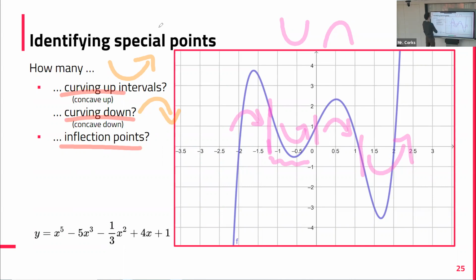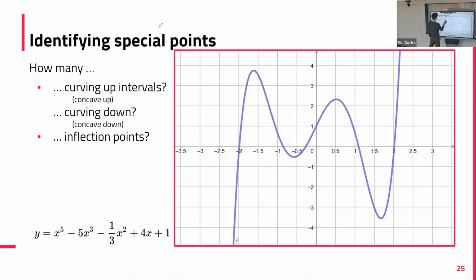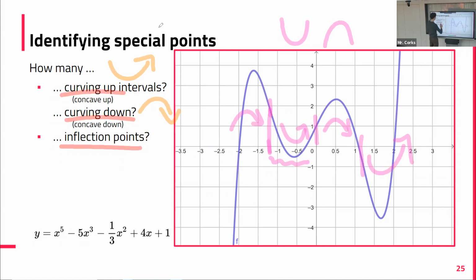All right. Based on this, how many inflection points do we see? 3, right? That's an inflection point, that's an inflection point, and that's an inflection point in between each of these intervals here.